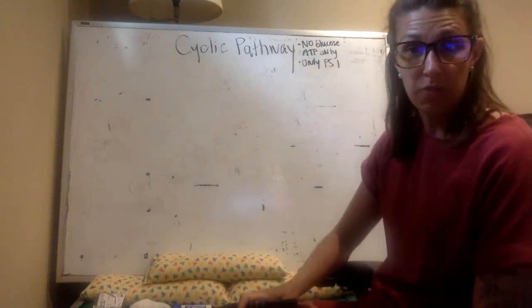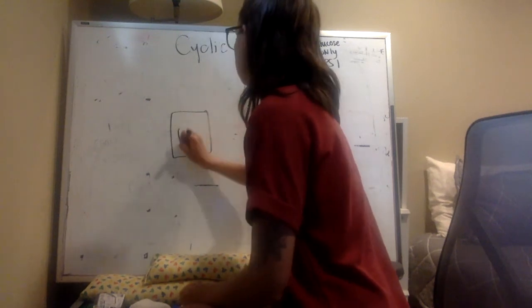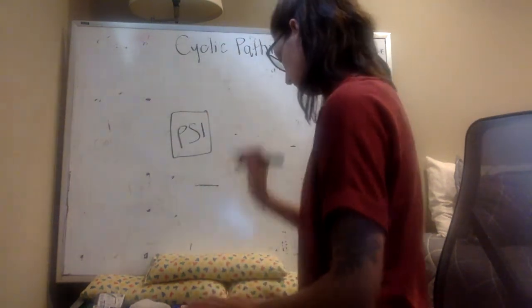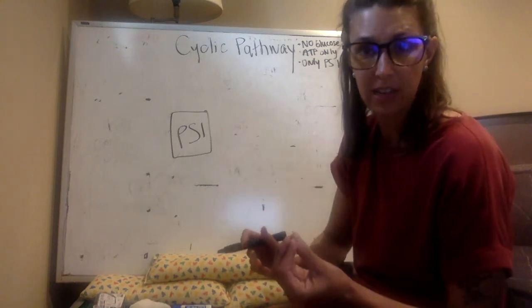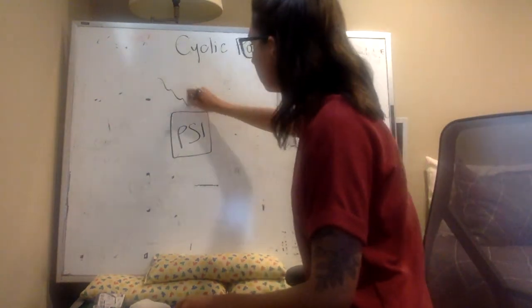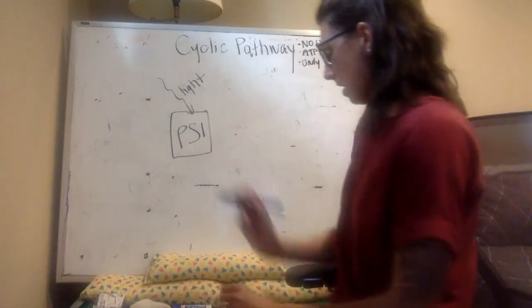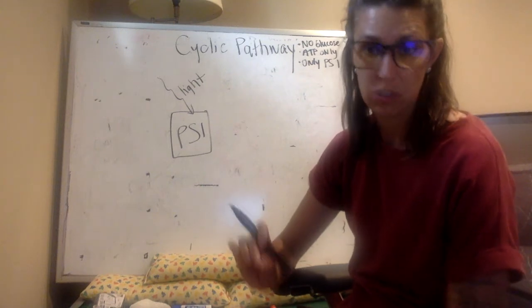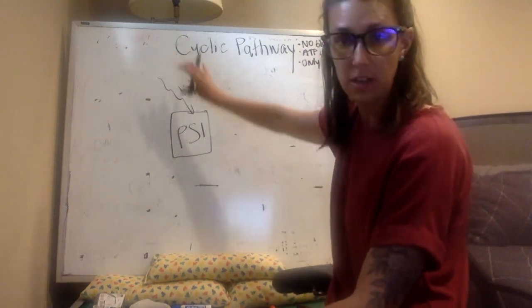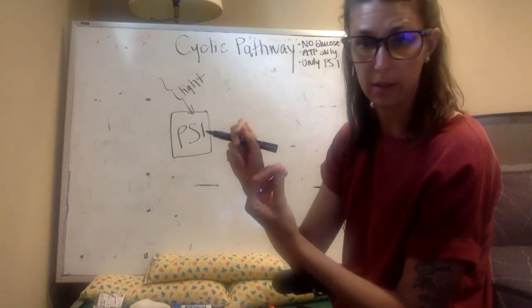All right, so we start with photosystem 1. Photosystem 1 is going to receive light energy, and it is going to put an electron through an electron transport chain. So when light energy comes in, it allows the electron to get enough energy to be put through the electron transport chain.